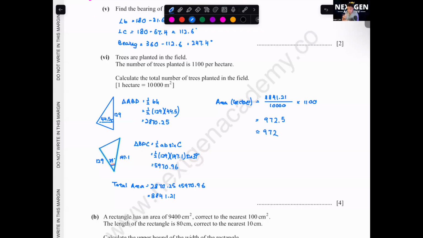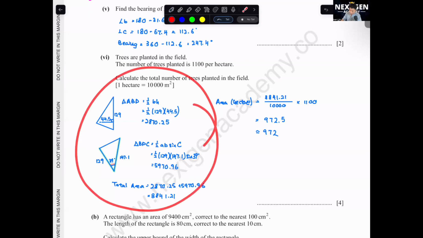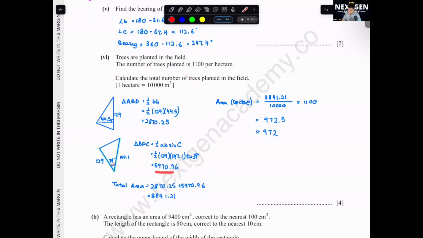So cannot plant a full tree lah. You only got space for 972 because this is talking about area. But the answer accept both 972 and 973. Okay, this one all depends on what value that you all use from here. Because sometimes when you're rounding up, maybe you're rounding up from here, then your value might be 973. This normally occurs for questions like Trigo. Because Trigo, you will get some irrational number.